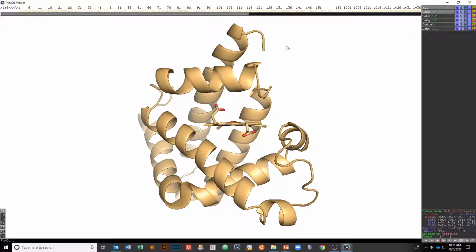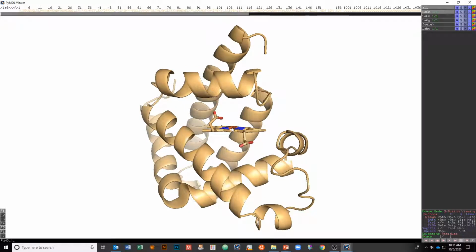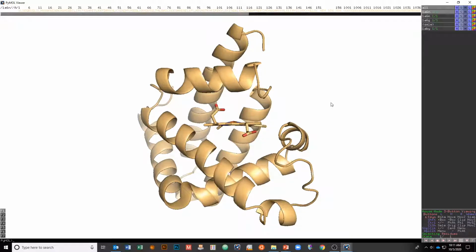So here, this is the deoxygenated myoglobin. You should already be able to look at this and see there's no oxygen there, and that iron is sitting just above the plane. You can see it peeking its head up there in orange. So, okay, there it is.